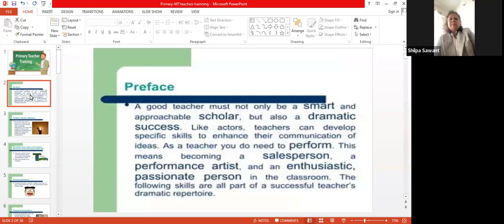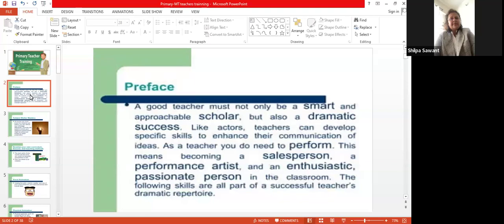I have chosen that particular topic because the students' attention span in pre-primary is only 1.5 to 2 minutes, whereas for the primary section, especially the lower primary section, it is somewhat 2.5 to 3 minutes.